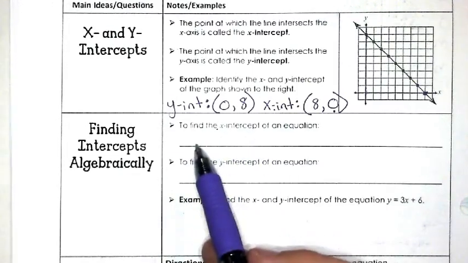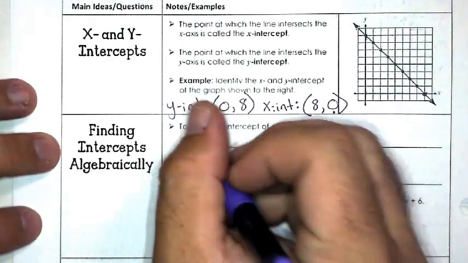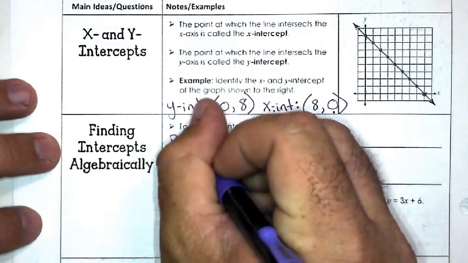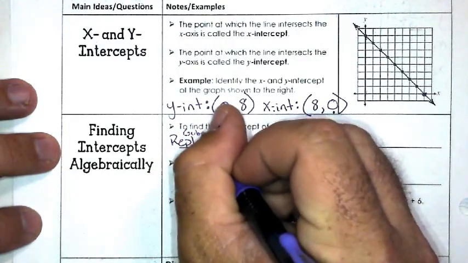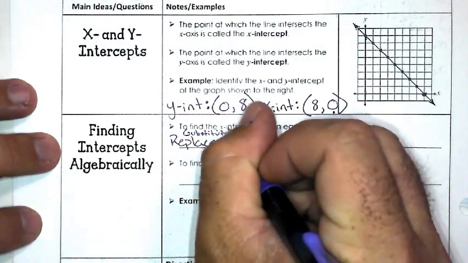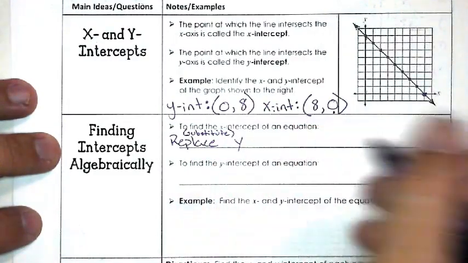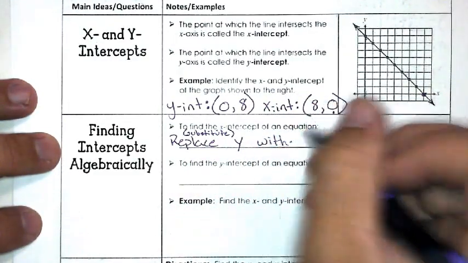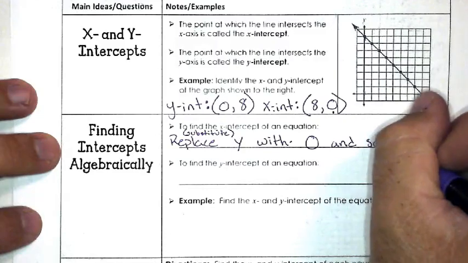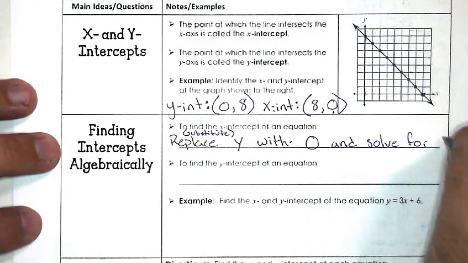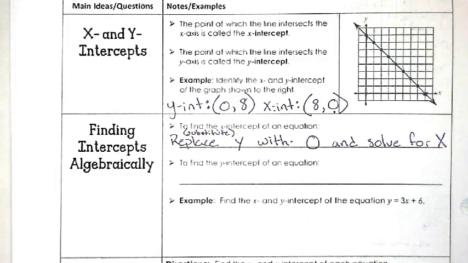So in our rules with equations, to find the x-intercept, you will replace, aka substitute, y with 0 and solve for x. So to find the x-intercept, you will replace the y value with 0, aka substitute, and then solve for x.